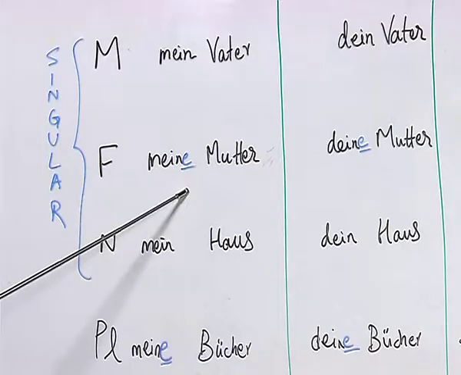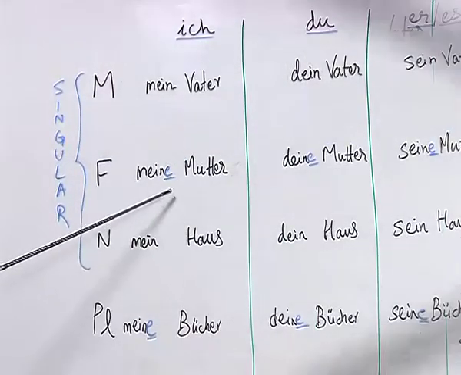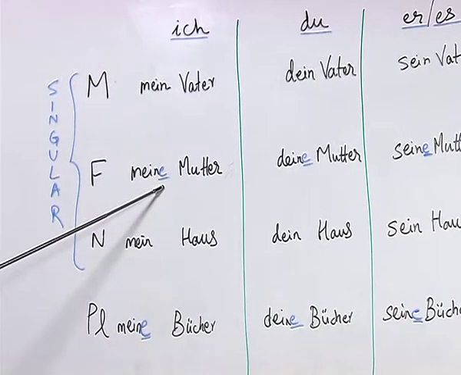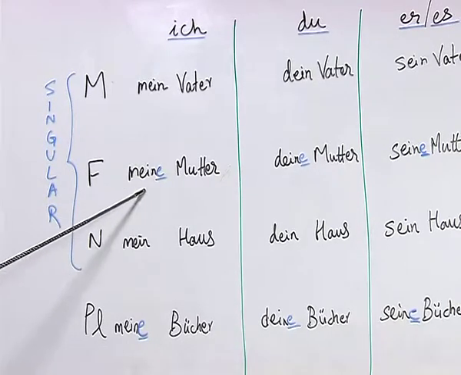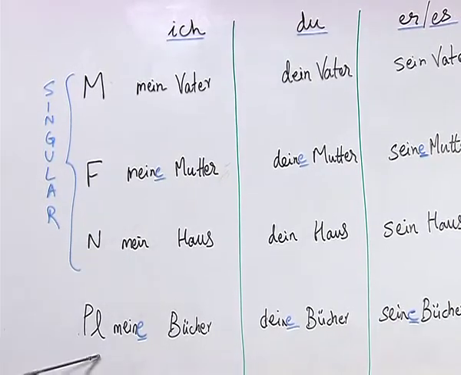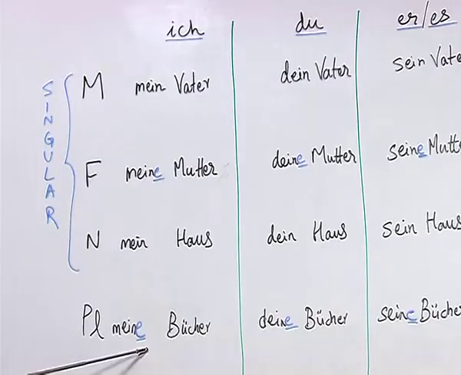Well, if you look closely here in this category, I have written E for feminine and for plural, which shows that whenever a possessive article is made for feminine and for plural in nominative, we have to use the ending E. So, for feminine we have meine Mutter and for plural we have meine Bücher.